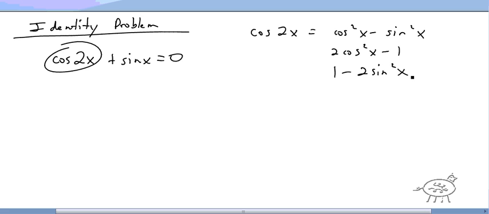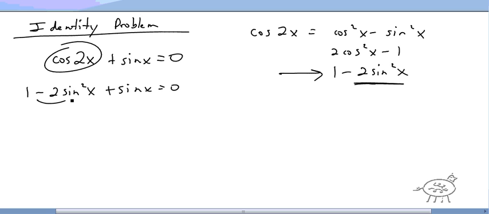Well, the one that makes sense to use is this third one, because that's going to give us everything in terms of sine. And then we can probably factor because you've got a sine squared there. So we're going to replace this with 1 minus 2 sine squared of x, plus sine of x equals 0. Now, it's your call what you want to do, but I want to make this positive because, again, I don't want to deal with the negative.